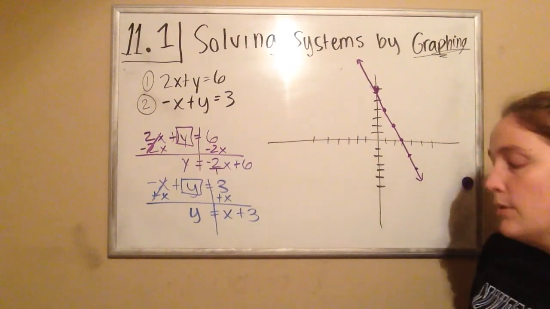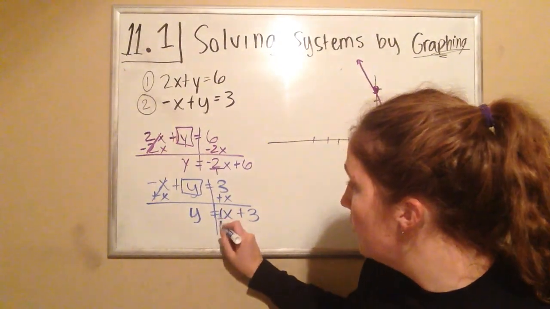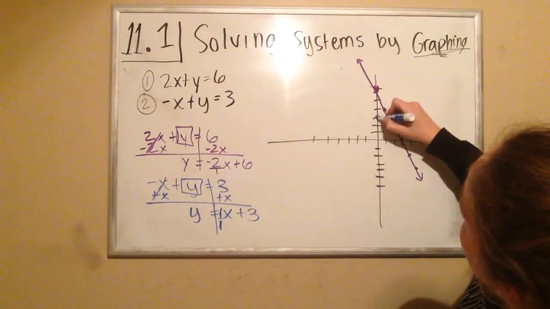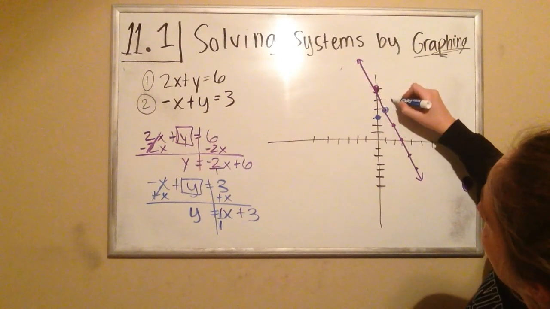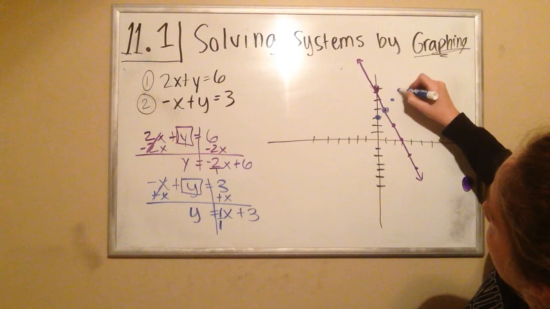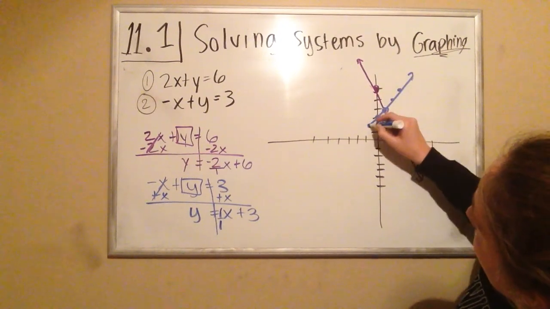It has a y-intercept of 3 and a slope of 1 over 1. So a y-intercept of 3 and a slope of 1 over 1, up 1, over 1, and so on.